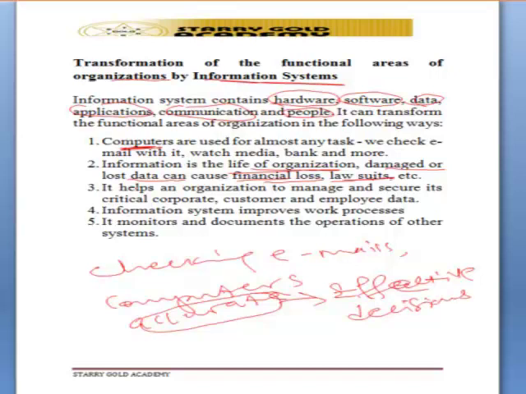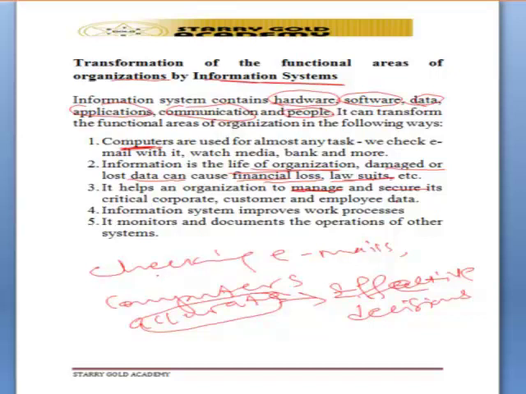Number 3, it helps an organization to manage and secure its critical corporate, customer and employee data. So with the help of the information system, organizations will be able to manage and secure the employees' data, and secure their customers' data.